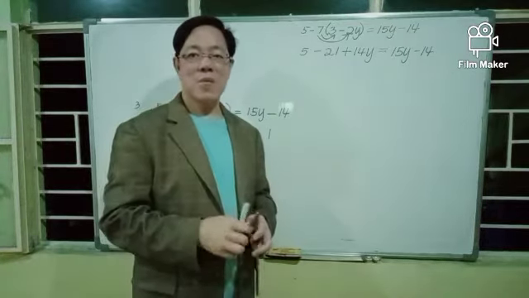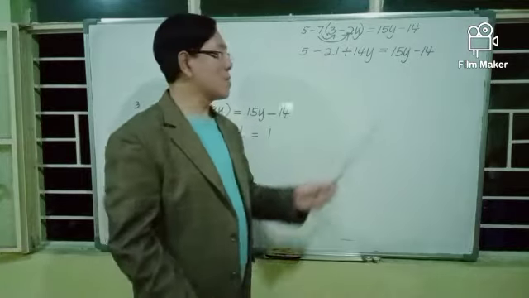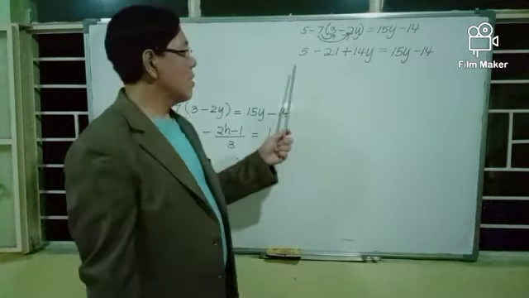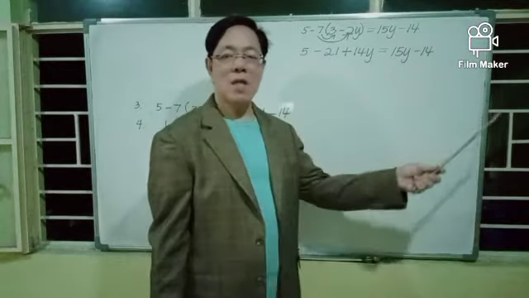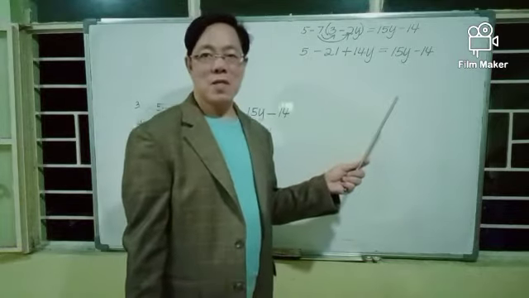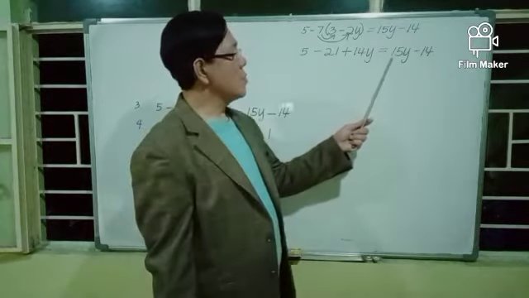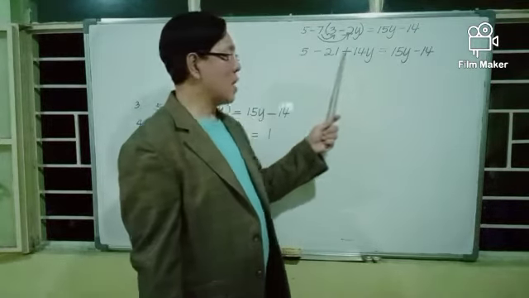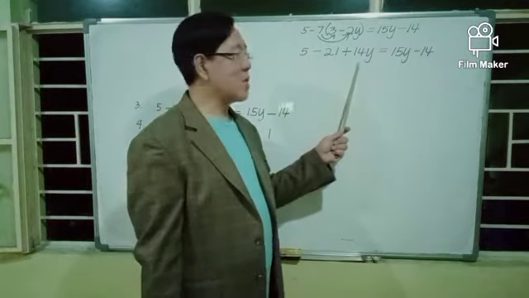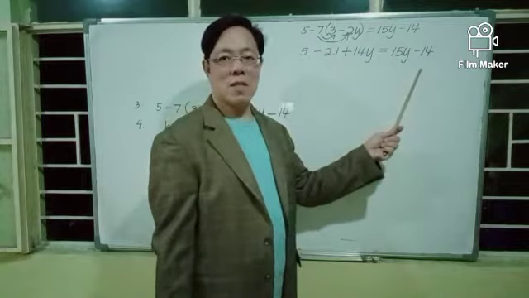Now, the next step is to collect all the terms with the variable y on one side of the equation and all the constant terms to the other side of the equation. And you have two choices here. Either you bring 15y to the left hand side or you bring 14y to the right hand side.